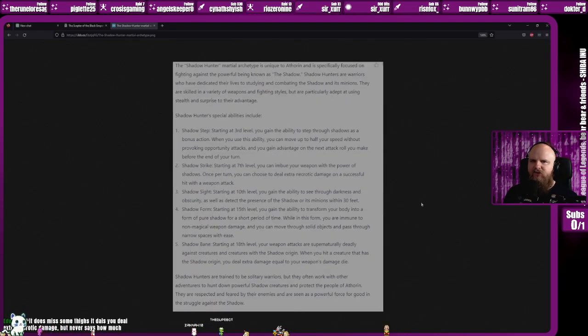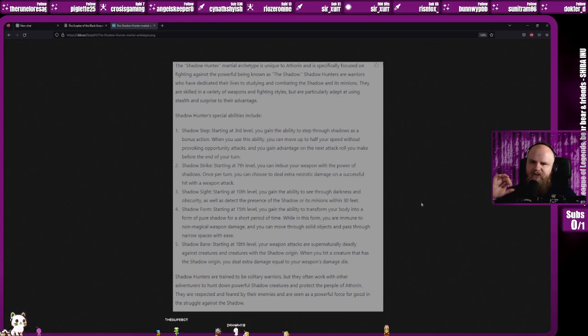If I were to critique it, the way that it describes this is actually pretty good overall, and it's a consistent theme. But something that it doesn't really give us as background is why the Shadowhunter, described as warriors who study but mainly combat shadow and its minions, is specialized in using shadow magic kinds of things.